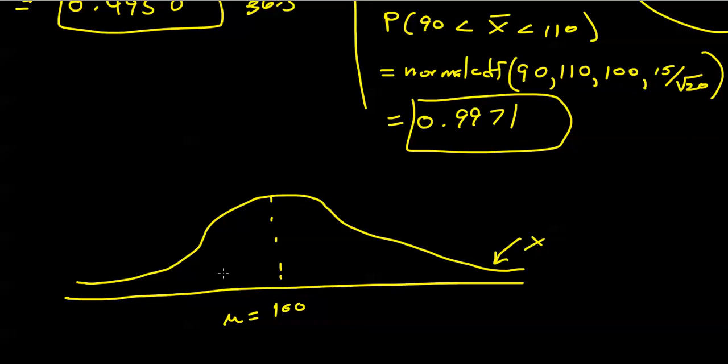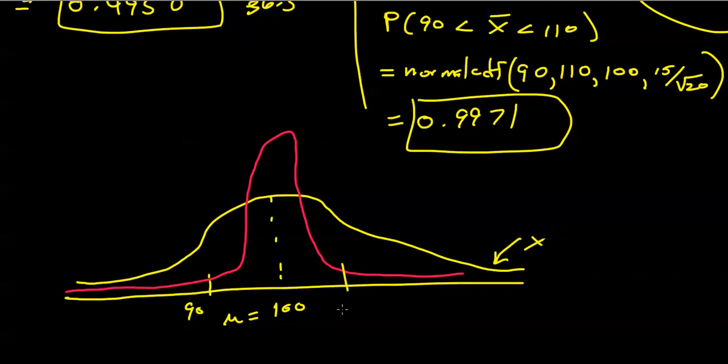If I then draw the distribution of X bar values, remember, if I'm considering sample means, you're less likely to be in extreme ranges, but you're more likely to be within a neighborhood of the mean. So if I consider the limits 90 to 110, I think it's easy to see that more of your available area under that pink distribution is going to be swallowed up between those limits of 90 and 110.